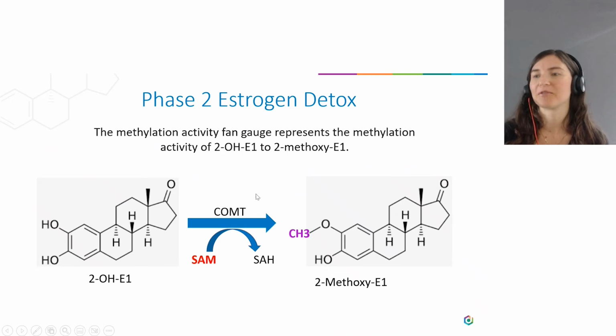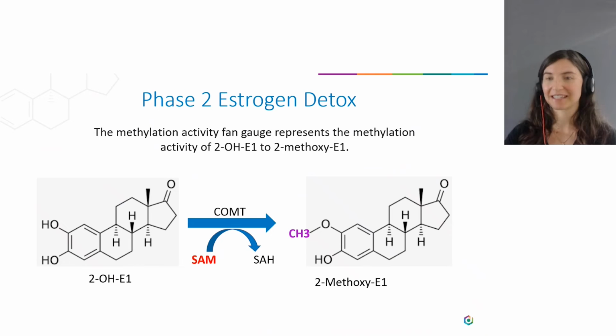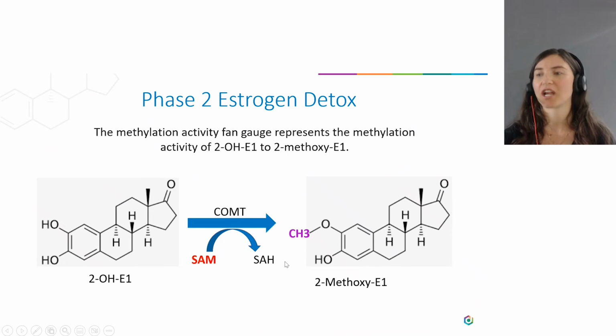So remember, we just talked about this, but I'm going to bring in SAM here. Remember the 2-hydroxy-E1, this is our phase 1 metabolite. The COMT enzyme comes around, and COMT takes a methyl group from SAM and says, thanks, SAM, and methylates 2-hydroxy-E1, turning it into 2-methoxy-E1.